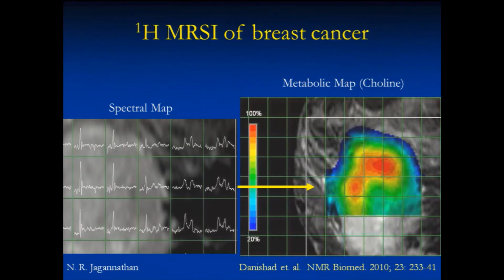As it moves outwards towards voxels with partial volumes, the choline peak decreases and other peaks associated with normal non-proliferating tissue begin to increase. By the time the voxel has completely left the tumor, the choline peak is almost non-detectable. From those data, they were able to produce a metabolic map of choline in this tumor.